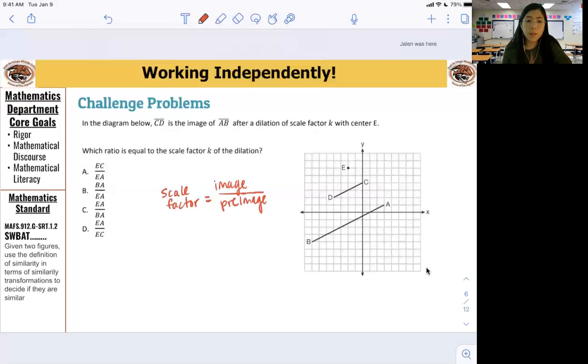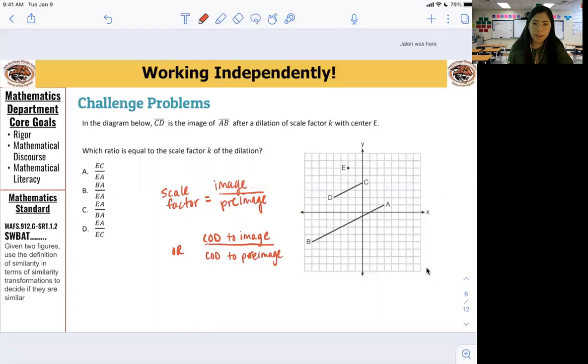But another way to do it, which is what's going on here, is from the center of dilation to the image, and then from the center of dilation to the pre-image. You can do that as well.